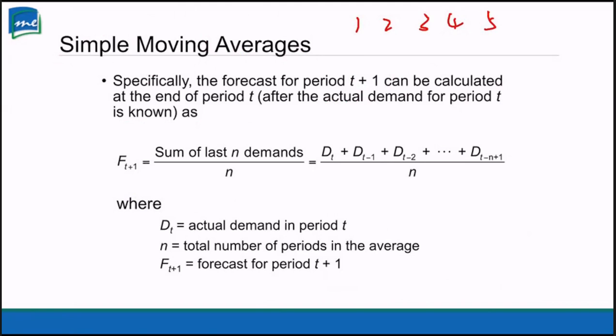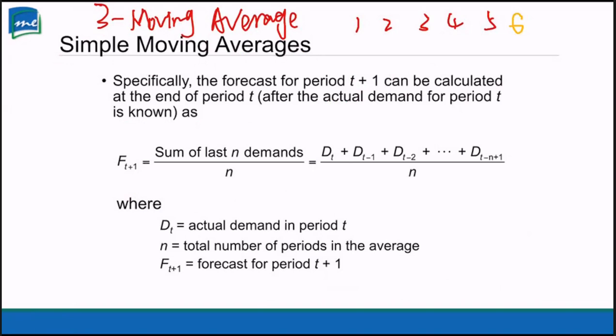If you want to make a forecast for time period 6, and currently you only have the data for periods 1 to 5, then with a 3 moving average we need to choose the data for the former 3 periods.